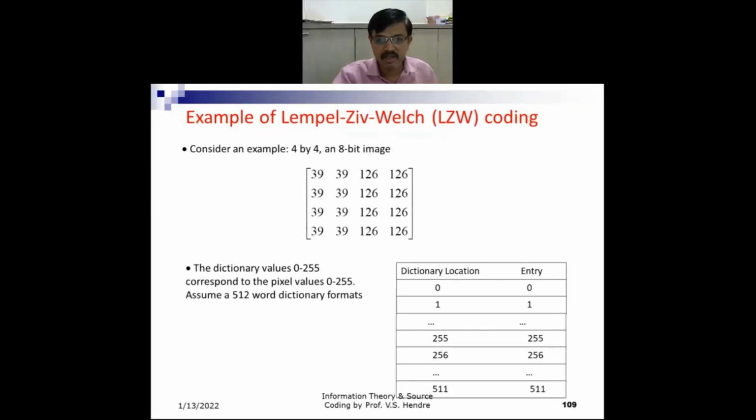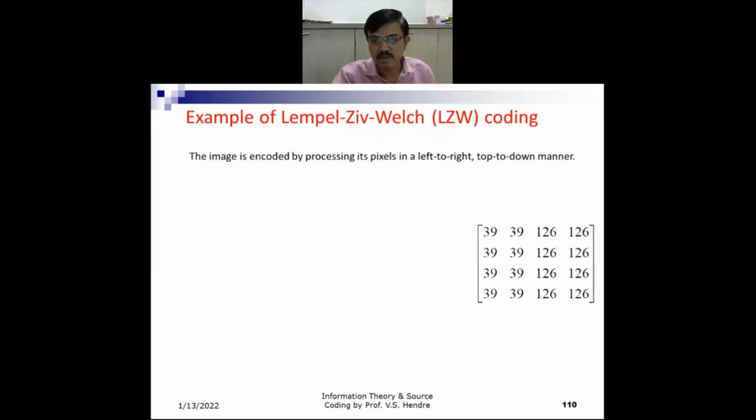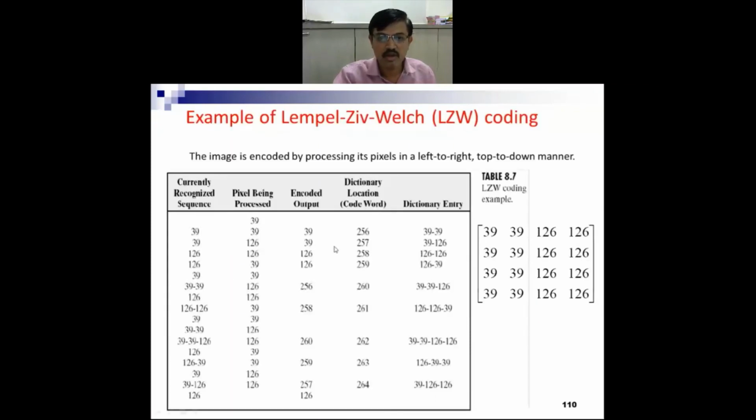The similar way it will be applicable to all the remaining matrices of that 8-bit image, and in the end I'm going to get a compressed encoded output in terms of dictionary locations as code words, which I can transmit and recover at the receiver. In your digital camera, whenever you capture an image, this image will first get compressed and then stored into the memory.